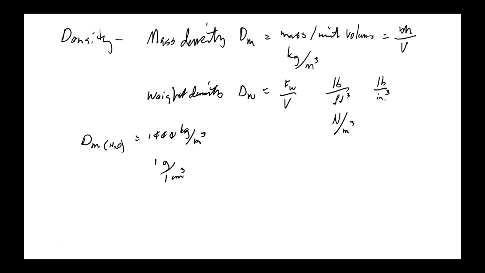The density of water is exactly 1 gram per cubic centimeter, because that's how they defined a gram, is the mass for 1 cubic centimeter of water. So that's sort of a side note there.